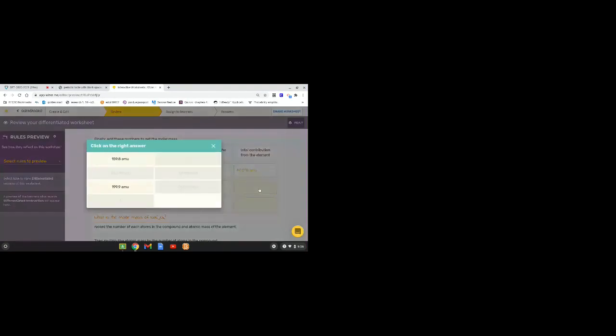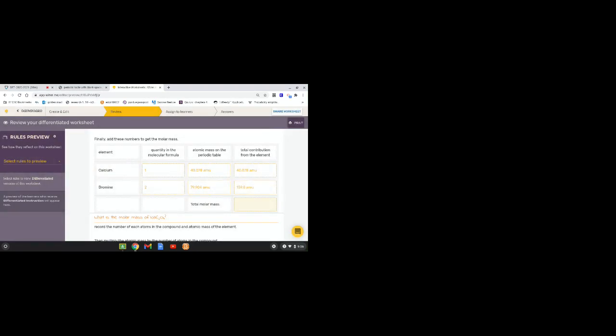When I do that calculation in my calculator, it comes out to be 159.8. Finally, our last step is to add these together. And when you do, it comes out to be 199.9.